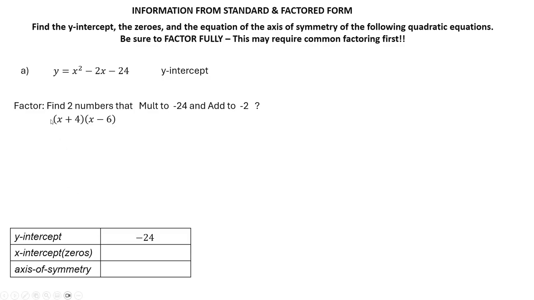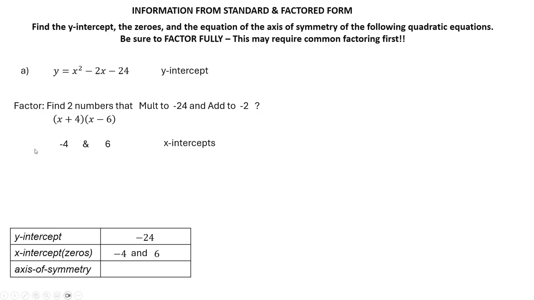So our factored form is x plus 4, x minus 6. If this is our factored form, then our x-intercepts are going to be negative 4 and positive 6. We can add that to our answers. Our axis of symmetry is going to be that imaginary vertical line that passes halfway between the points negative 4 and 6.